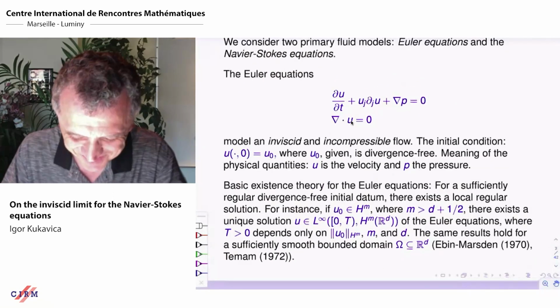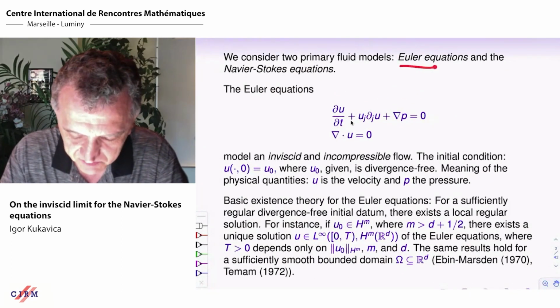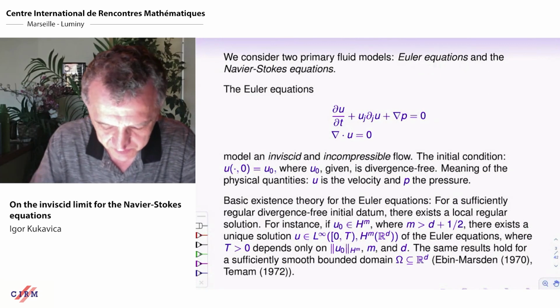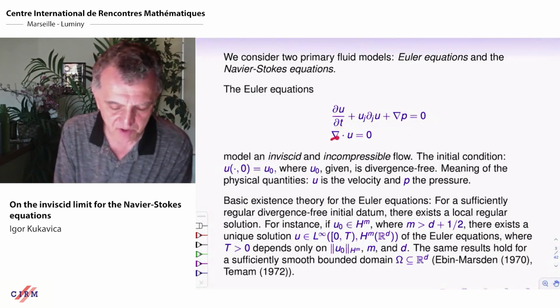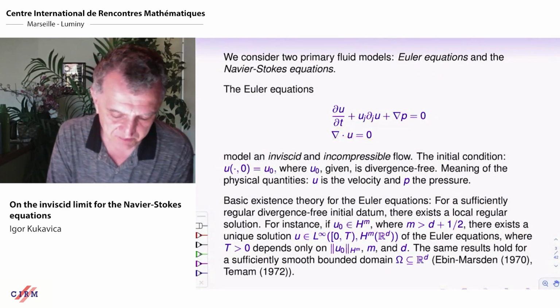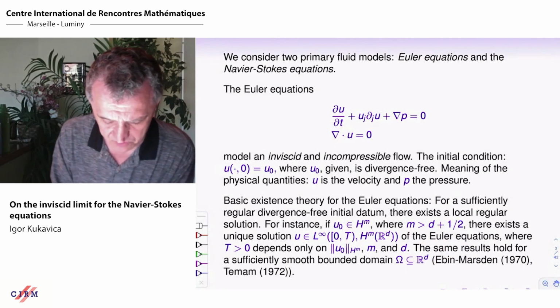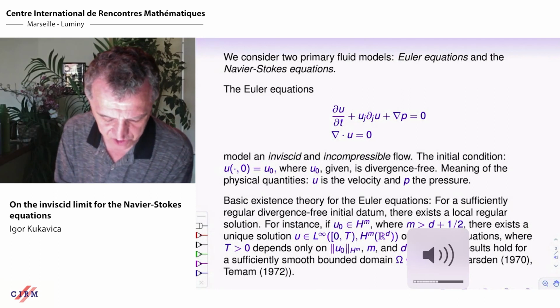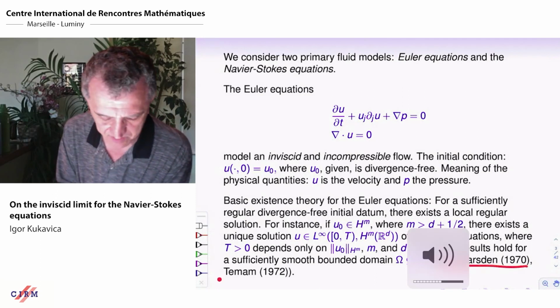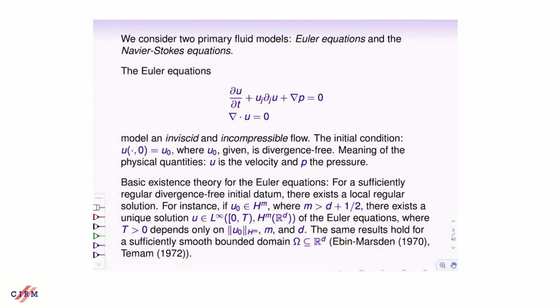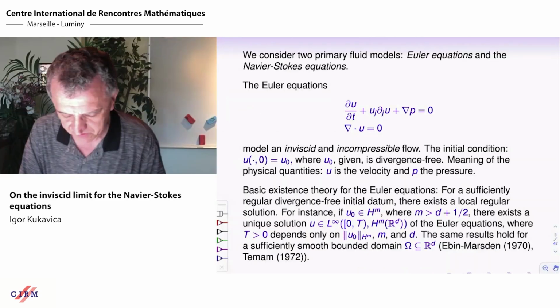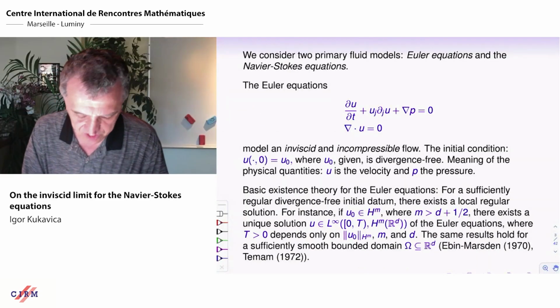So hopefully it's possible. The Euler equations, everybody knows, the incompressible Euler equations, are of this form. And we know the basic existence theorem, which is due to Ebin and Marsden, and later by Temam with a more Sobolev type proof, an energy type proof.